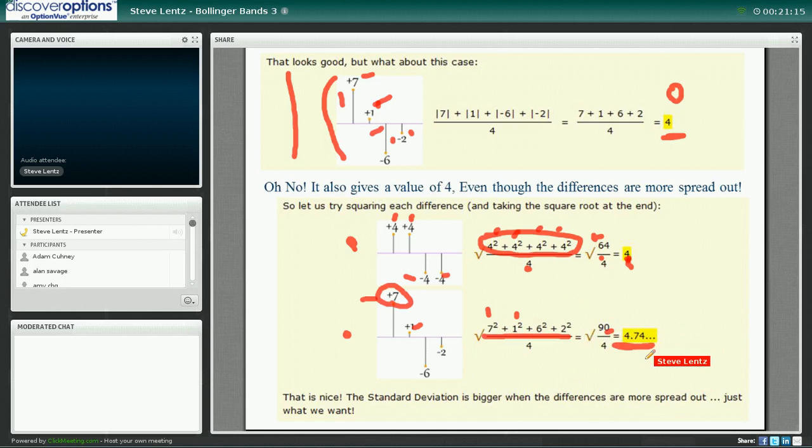You walk through this, and now we have 4.74. Now we're getting somewhere. Now the deviation that we're reporting is something that's going to vary according to how spread apart these numbers are. See that? And that's why we do the squaring part of it.